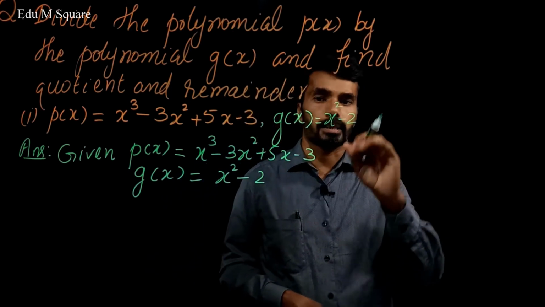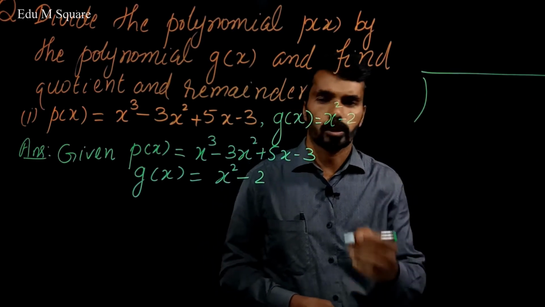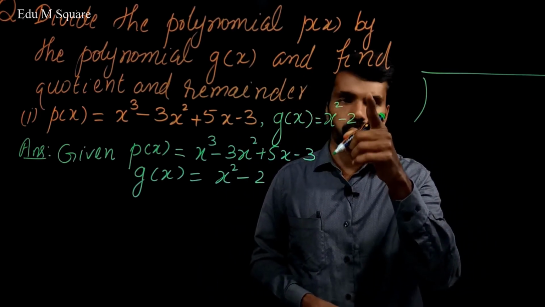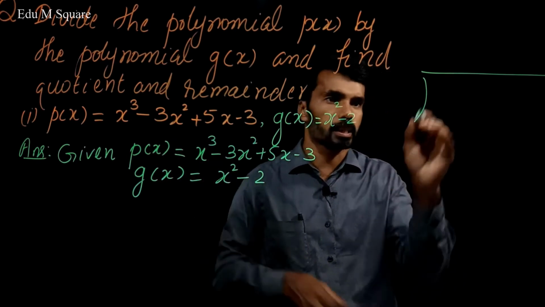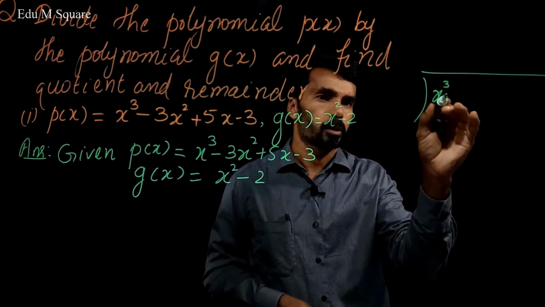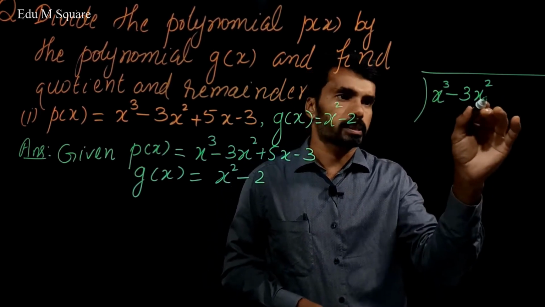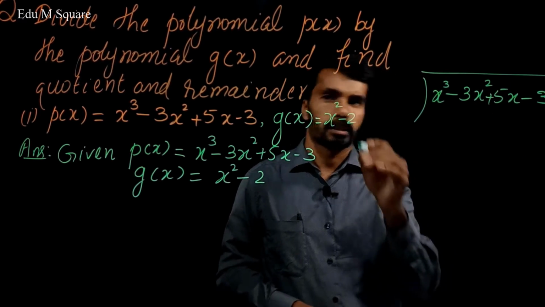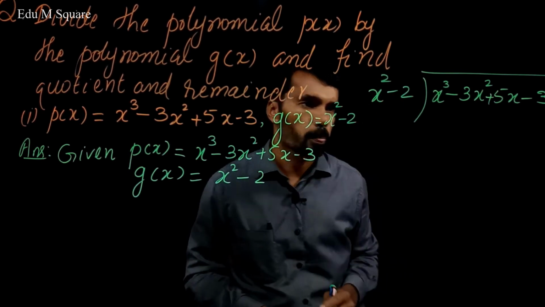So p of x is x cube minus 3x square plus 5x minus 3, and the divisor is x square minus 2.